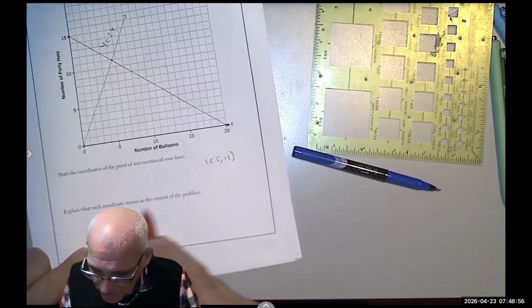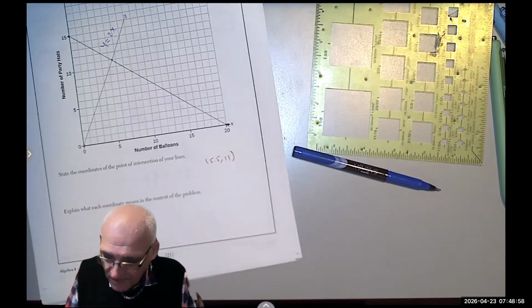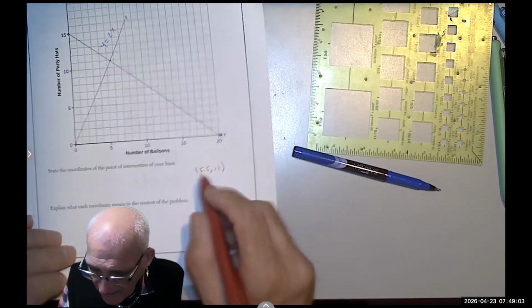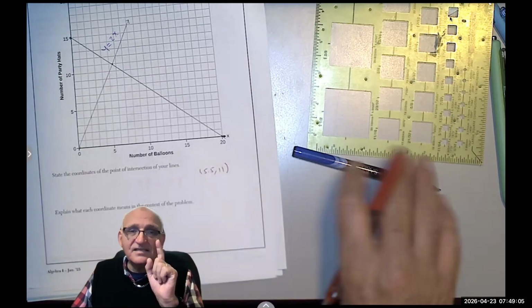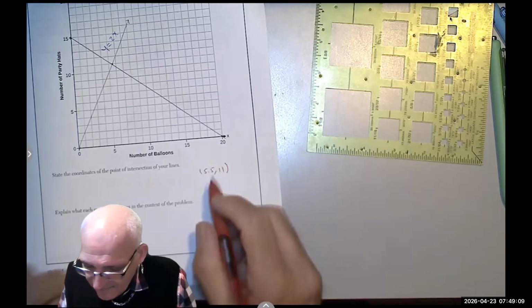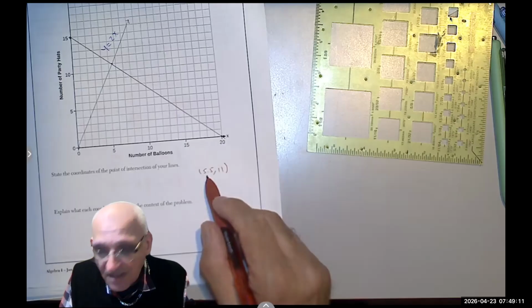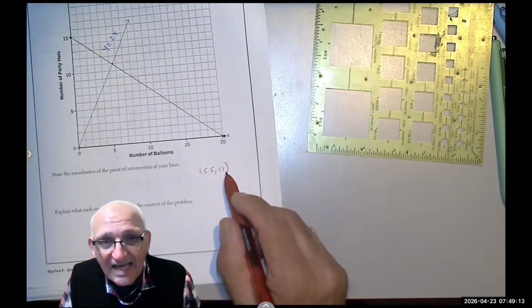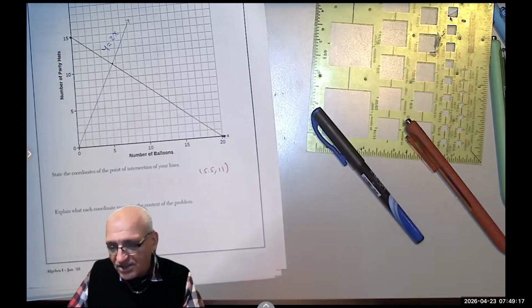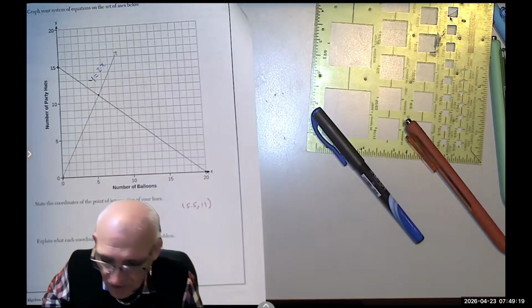Explain what each coordinate means in the context of the problem. Well, theoretically this means you have 5.5 balloons and 11 hats. How can you have 5.5 balloons? It doesn't make sense, right? So in real life, we will check the points.